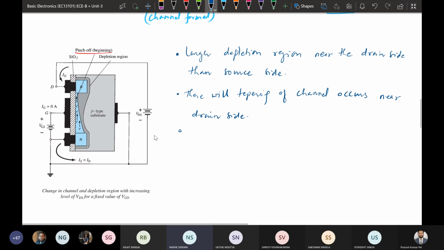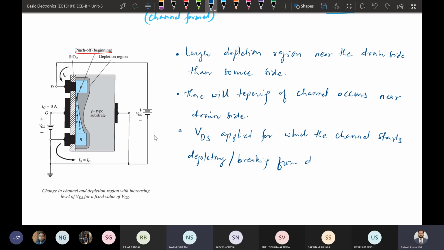The voltage VDS applied for which the channel starts depleting, or you can say the channel starts breaking from the drain side, is called the pinch off voltage.